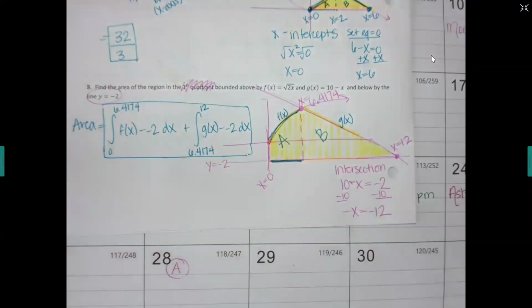Now, someone in first period had said, should I call this Y3? If it was complicated, maybe, but if it's not, I probably wouldn't, but you can. Okay.